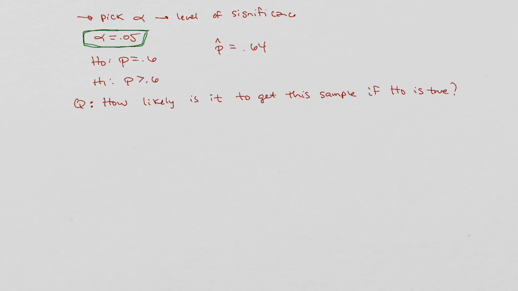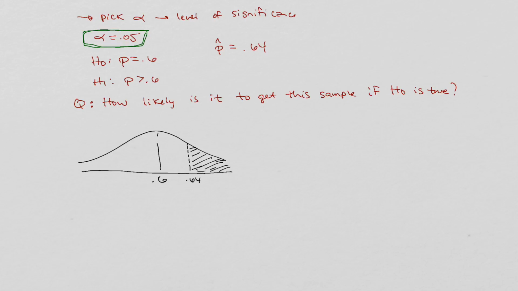Okay? So here's what our picture looks like. These samples of size 50 have the normal approximation with 0.6 as the mean. For this hypothesis test, we're going to try to find the probability of getting my sample or a more extreme value. So since I want the high side, I'll take this high area right here.